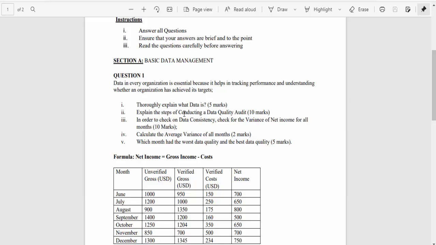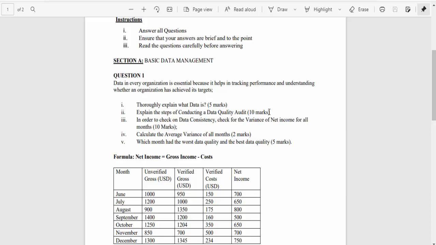Now, explain the steps of conducting a data quality audit. As you can see, these are 10 marks. First of all, a data quality audit is an assessment. You are simply trying to establish whether the organization that you are auditing is meeting the standards for good quality data.